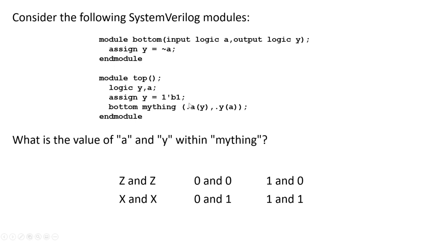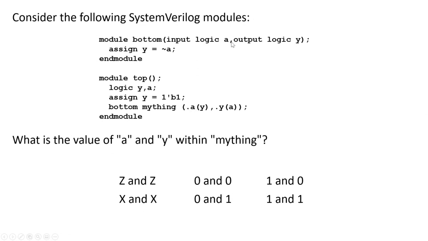Inside top, Y is the input and A is the output, and in bottom they're reversed. So in bottom, Y is equivalent to A in top, and A is equivalent to Y in top, simply because of the way we connected these.